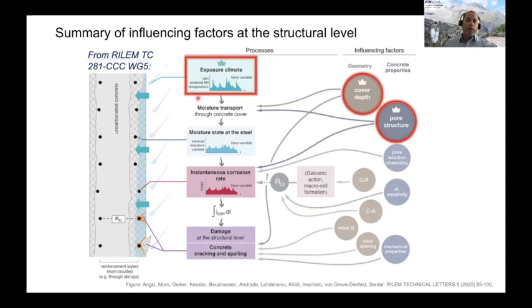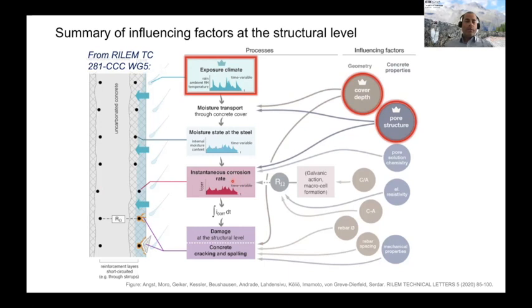So the exposure climate defines how much moisture we get to the concrete surface, for instance, due to rain events and so on. Then the pore structure and the cover depth both have an influence on how fast this moisture can be transported through the cover depth and reach the steel. And then, of course, the amount of moisture and the duration during which we get that moisture to the steel influence how much corrosion we can get.